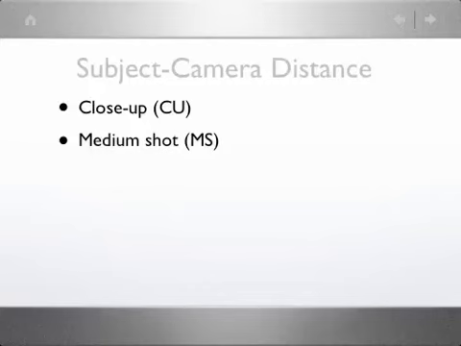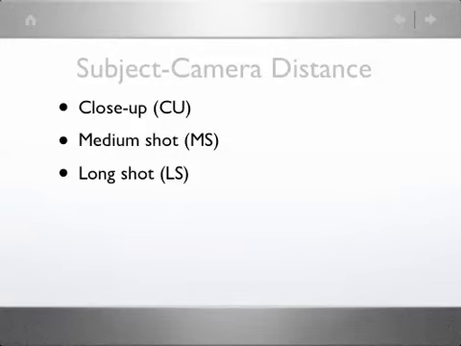Close-ups, of course, do not show much of the set or the background that the character is standing in front of, simply because the view is too close and is dominated by the character's head or an object that is the feature of the close-up. Medium shots show more of the background, and you get a better sense in a medium shot of where the character is and what the elements are in the character's surrounding area or the space that they are located in.